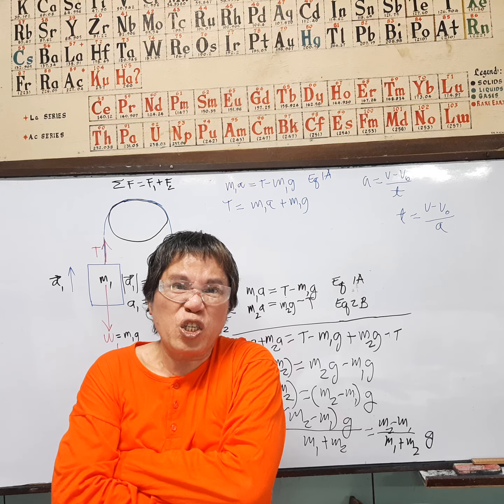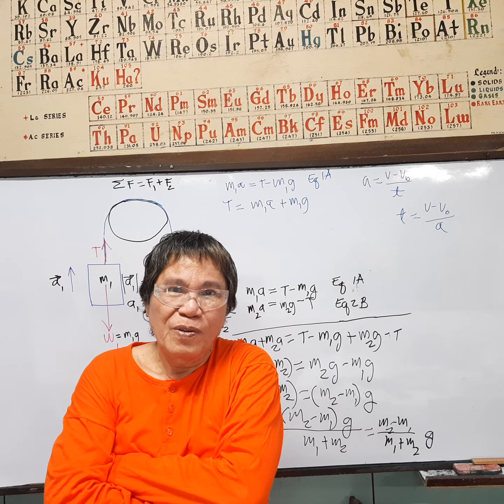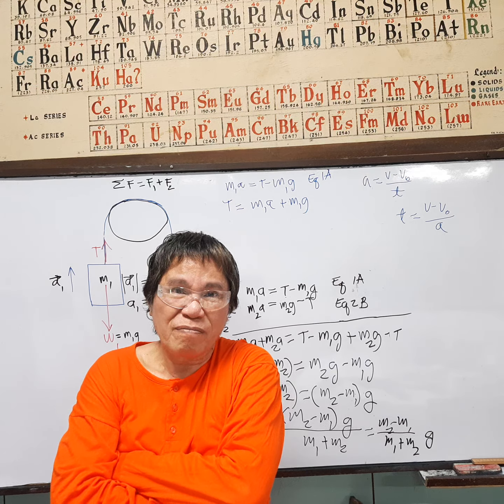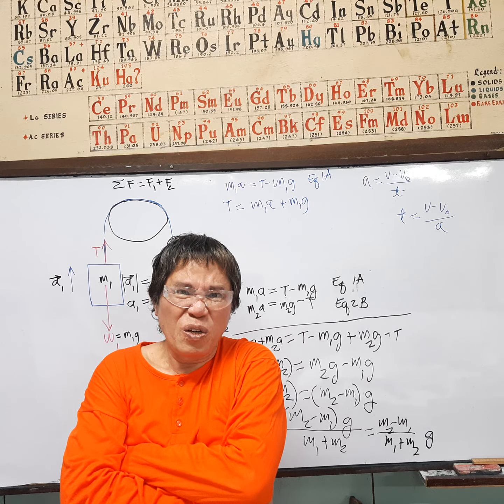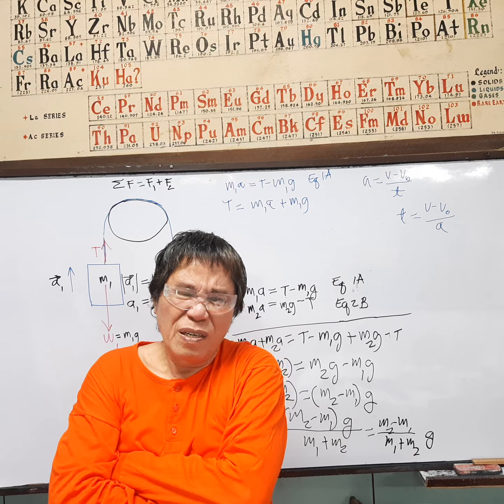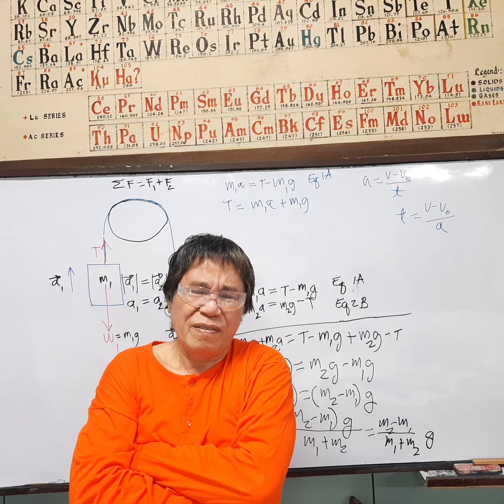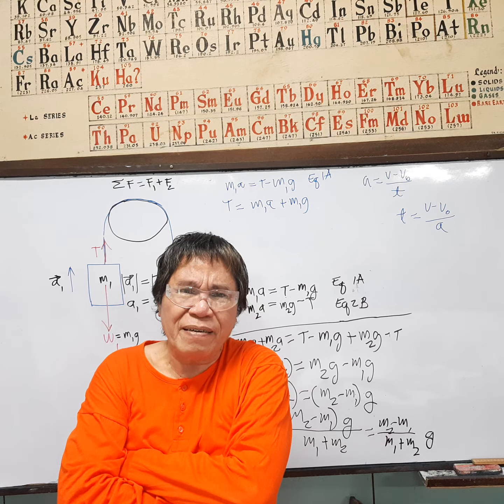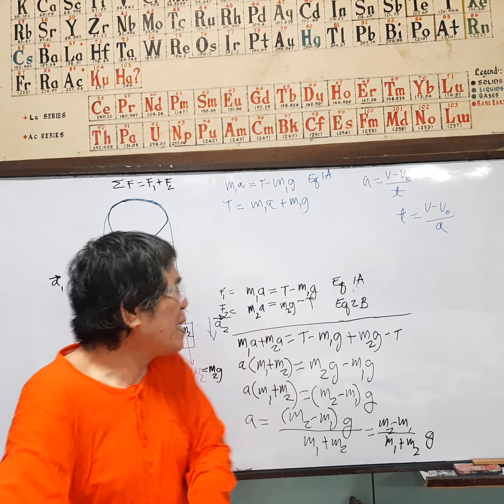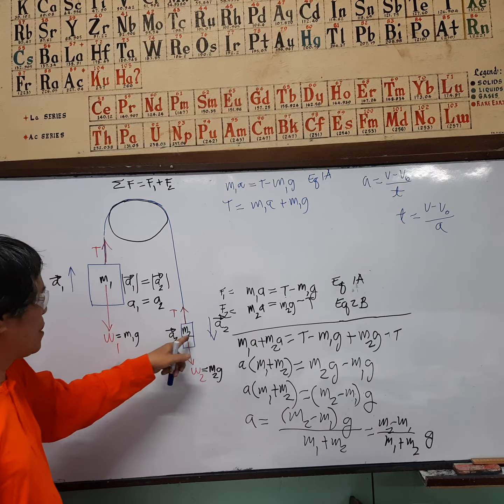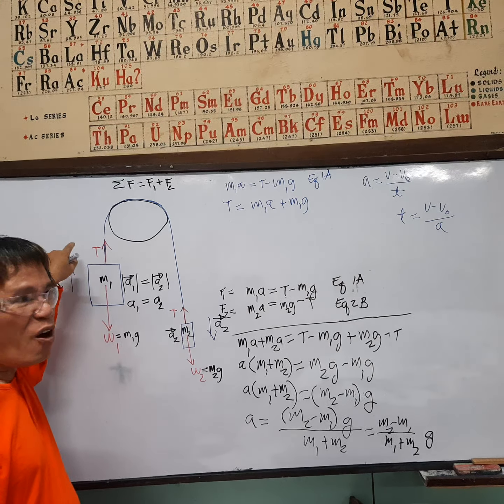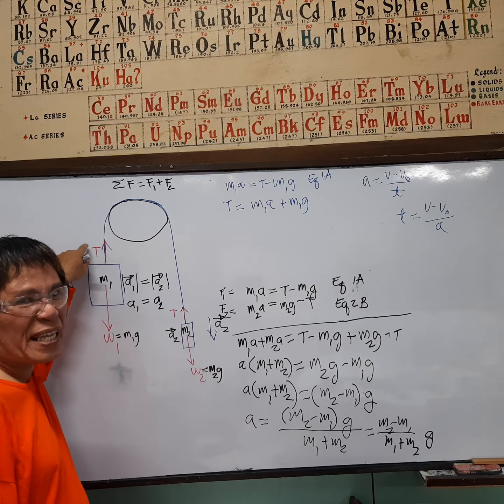And when it will stop, what is the tension in the cable? Because the tension has a force of carrying the cable. Even if this one will stop, the tension remains there. But how much is the tension? What is the amount?